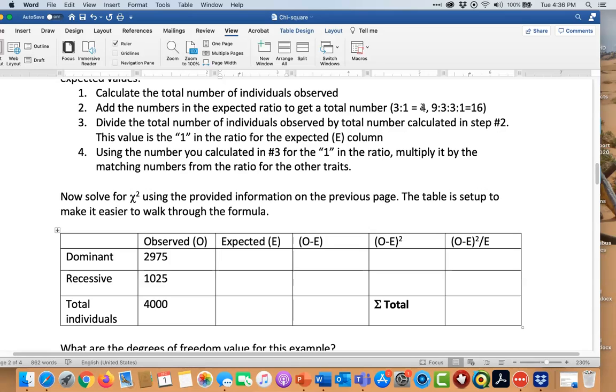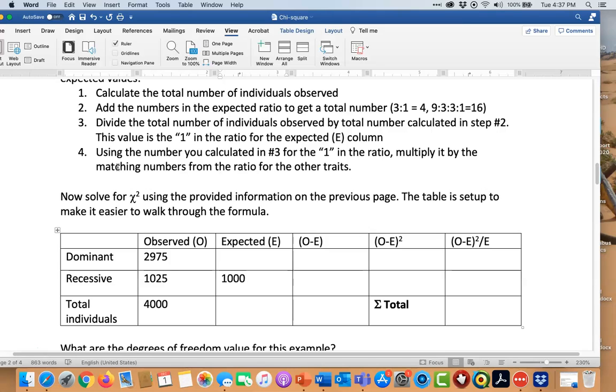So that's going to be 1,000. That is the value of the 1 in the ratio for our expected column. So in this case, it's a 3 to 1 ratio. So the one that we would expect to be the 1 would be 1,000. If we were doing this 9, 3, 3, 1, this one would be the 1,000.